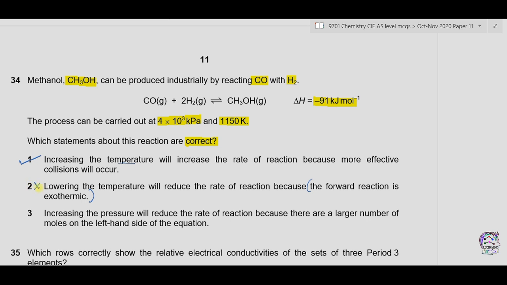So 2 is incorrect. 3. Increasing the pressure will reduce the rate of reaction because there are a large number of moles on the left side of the equation. Now increasing the pressure makes the gas molecules come close together and the rate of reaction will also increase. So 3 is incorrect. As only option 1 is correct, so therefore answer is D.